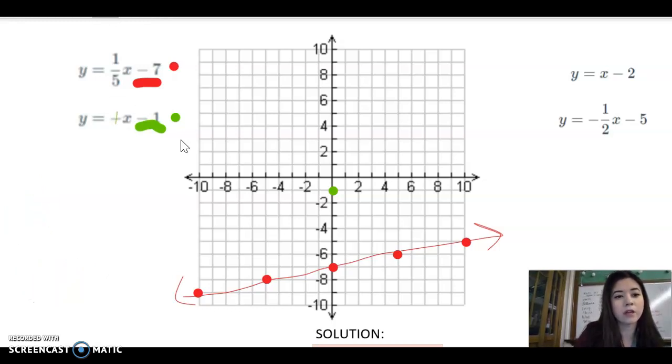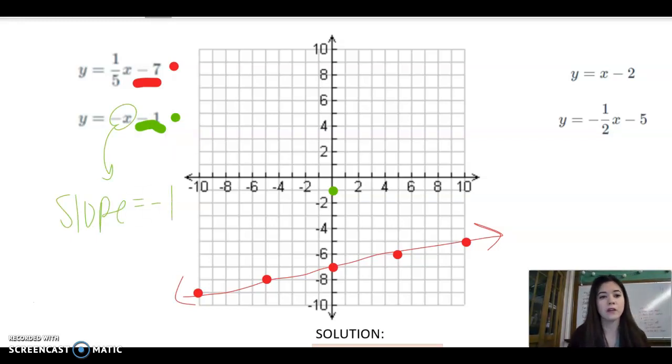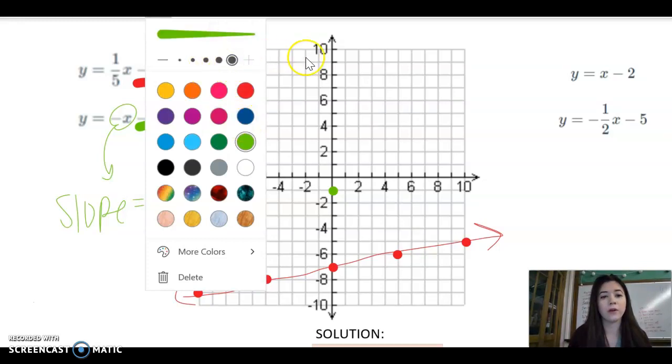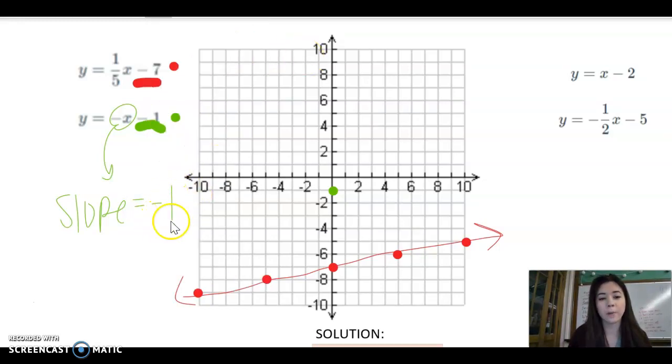So the slope here is -1. When we have a whole number, it just means you're going up or down this many and then over 1. So -1 means instead of going up like I did for +1, I'm going to go down 1 and then over 1.